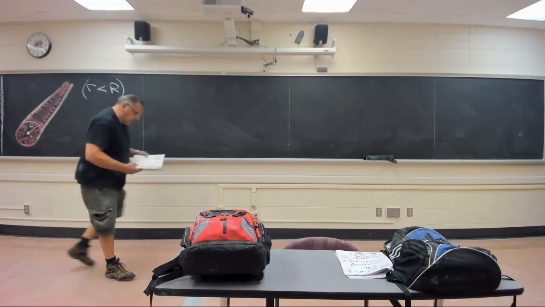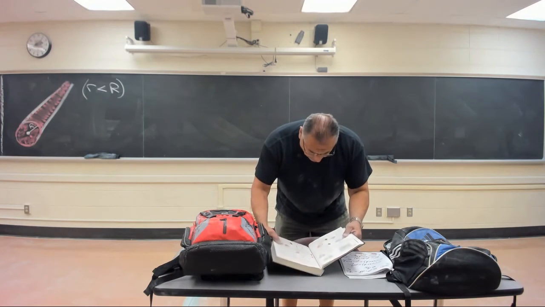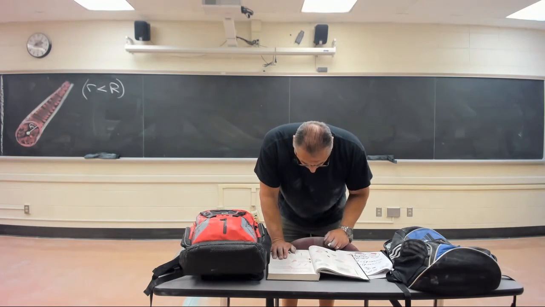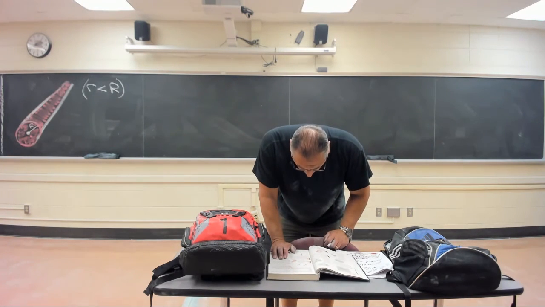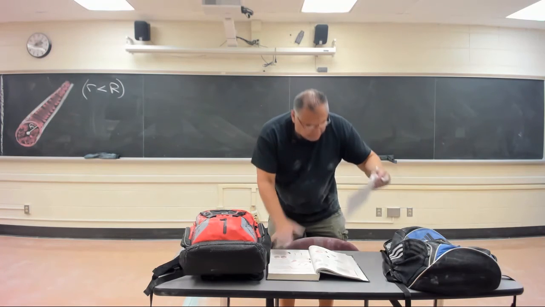They want us to find an expression for the electric field inside the rod, where small r is less than capital R. It's a very long, thick rod with radius R uniformly charged throughout. Uniform charge density throughout, you guys.